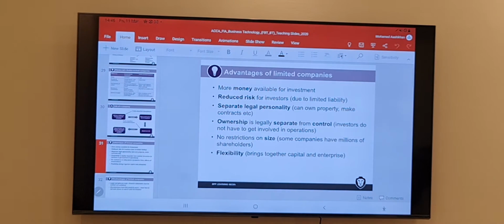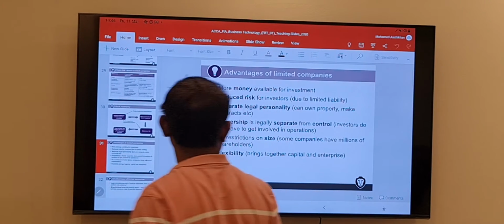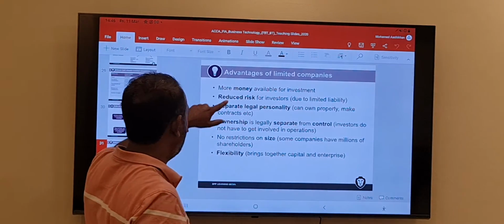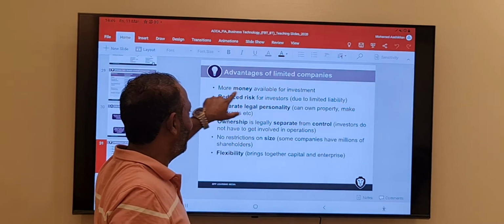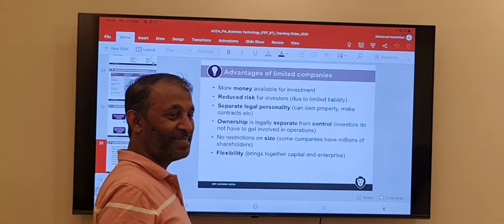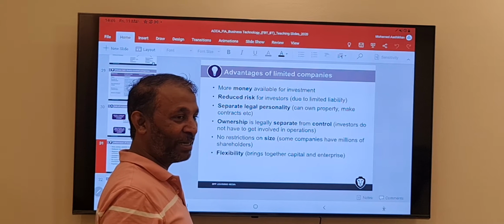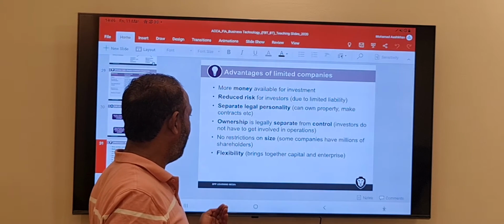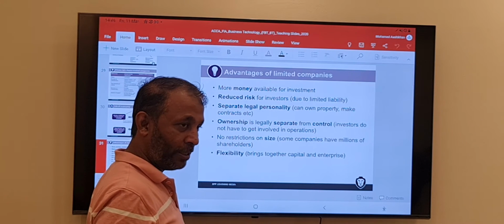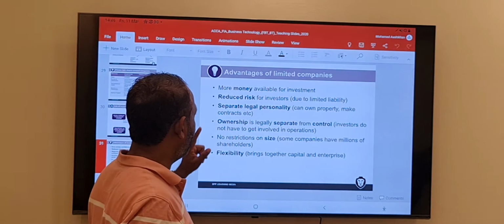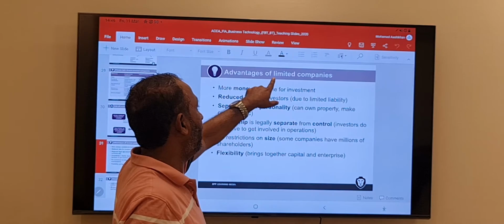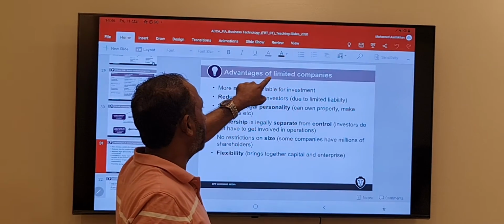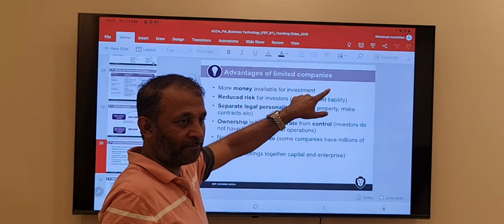And what are the advantages of limited companies? More money available. Nowadays, especially now, money is a big issue everywhere. No? When you have many shareholders, especially the word here, limited company, I would rather add the word public limited company.